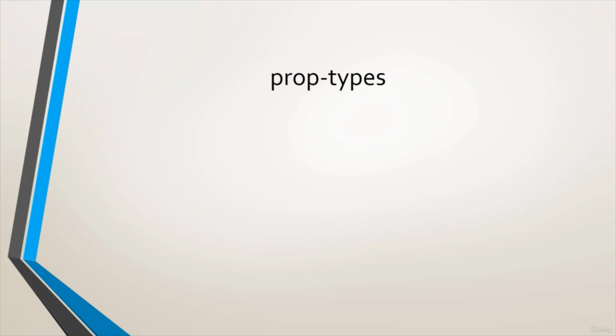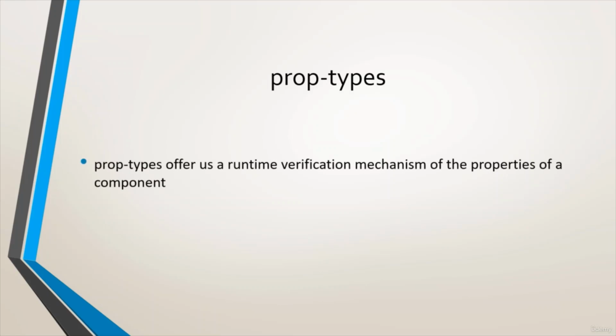Another option to work with ensuring the correct submission of properties of a component is to use prop types. Prop types offers us a runtime verification mechanism of the properties or parameters of a component.